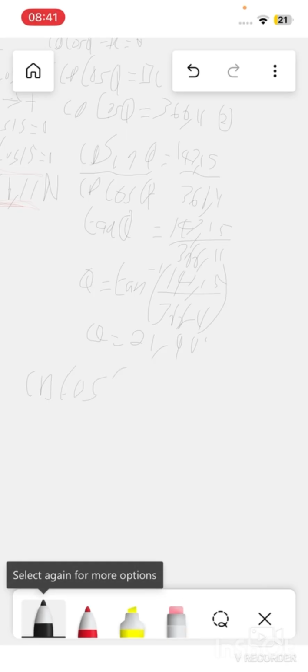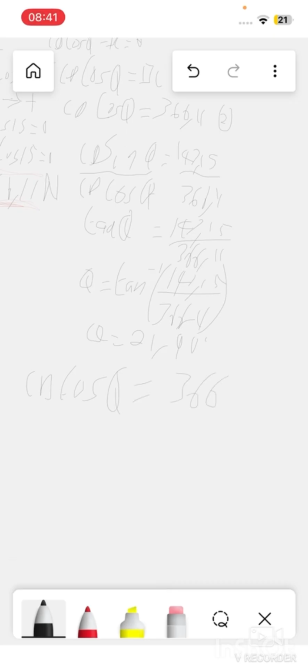CD cos theta is equal to 366.11. Therefore, we divide by cos theta. Our CD is going to be 366.11 over cos of our theta.